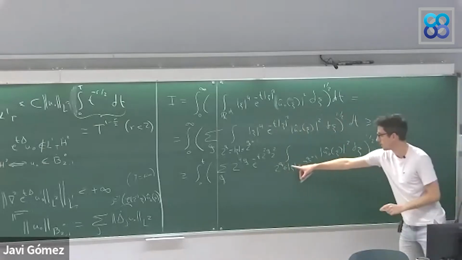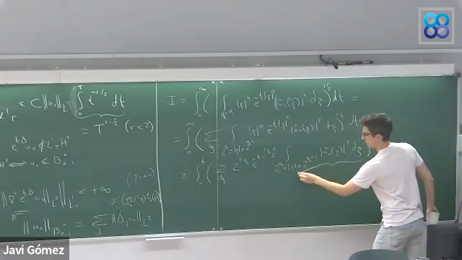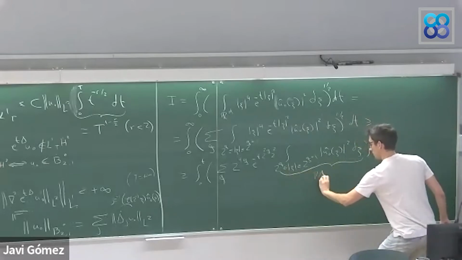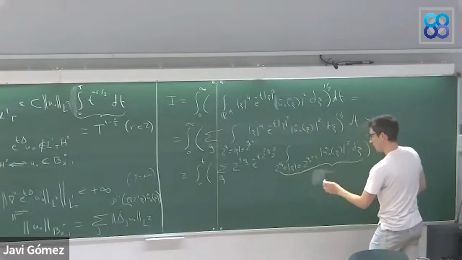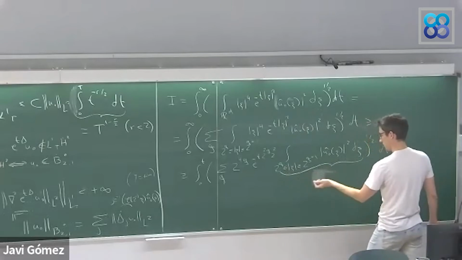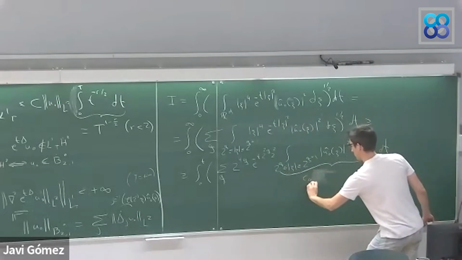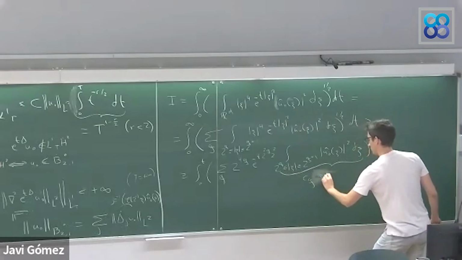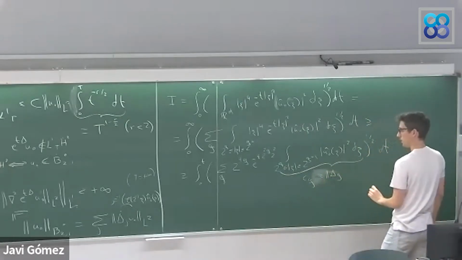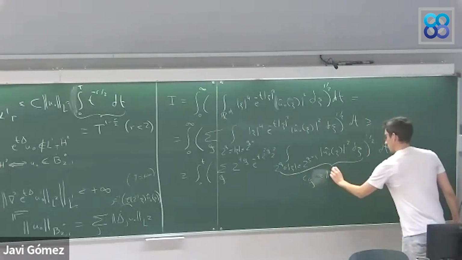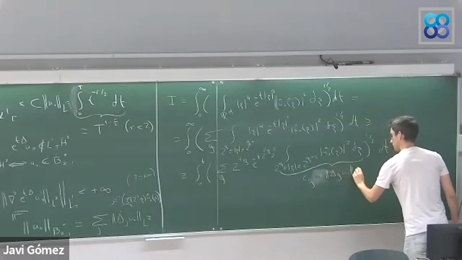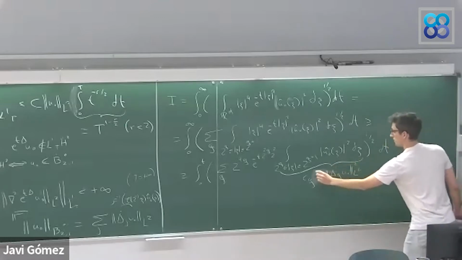Okay, now this part here is basically up to a constant. The diagonal blocks, no? So I'm calling this C2, which is roughly this one.